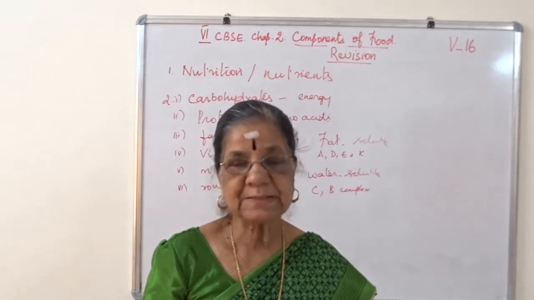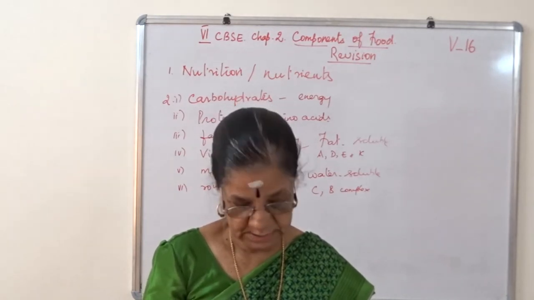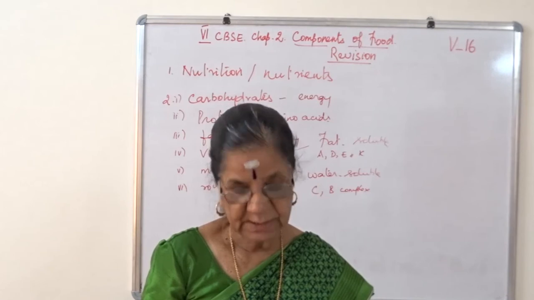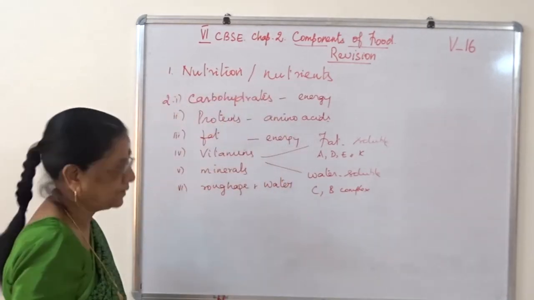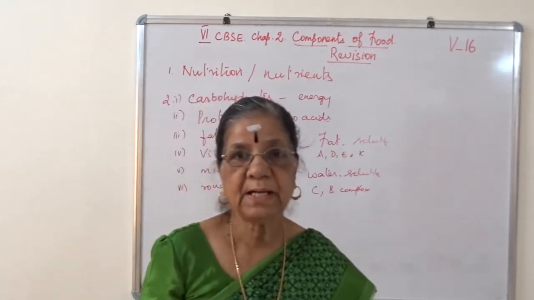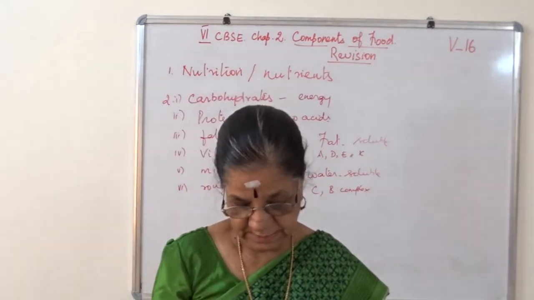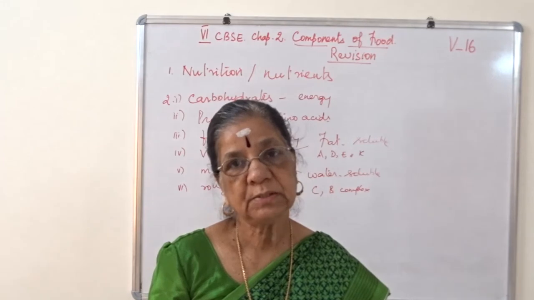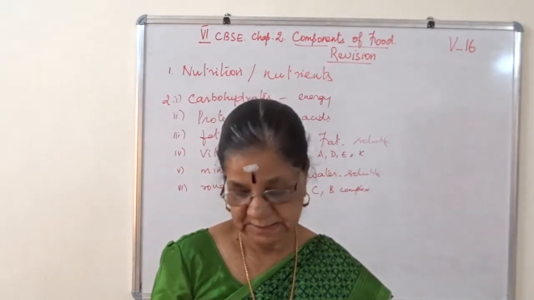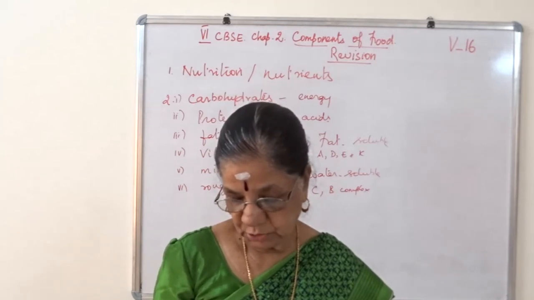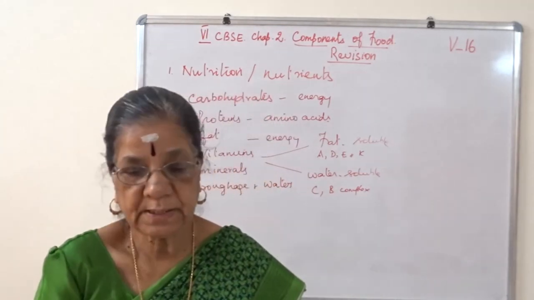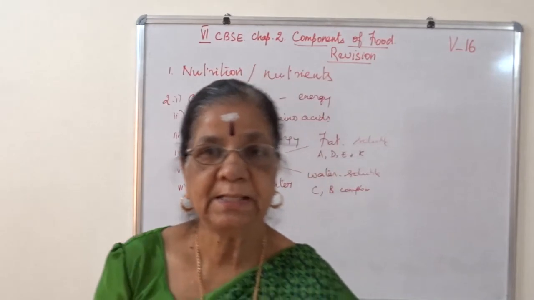Thus, water helps to maintain body temperature. I hope you understand. To maintain all these food components, we need a balanced diet. A single food item cannot supply all these essentials. A balanced diet is one that provides all nutrients in the amount required by the body to be healthy.